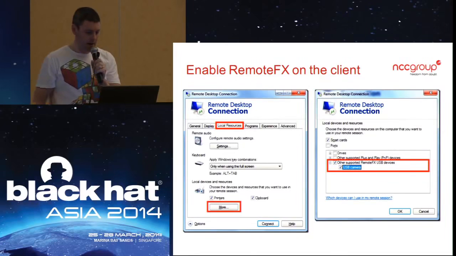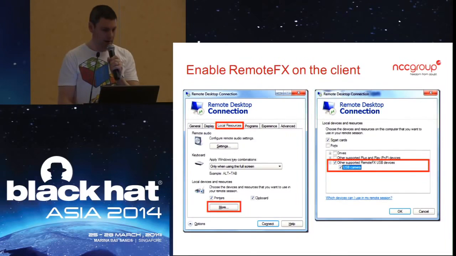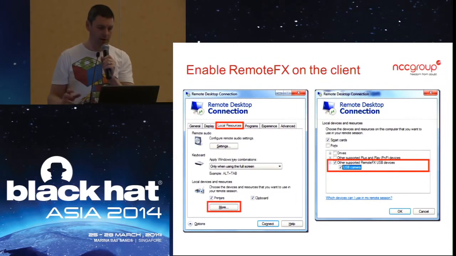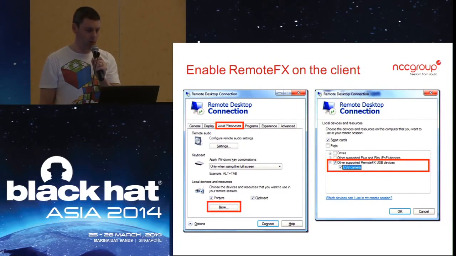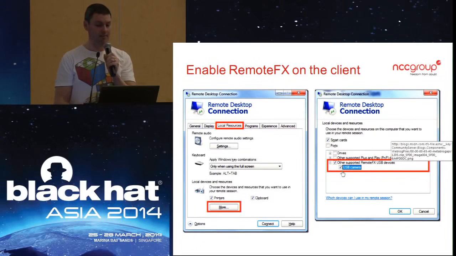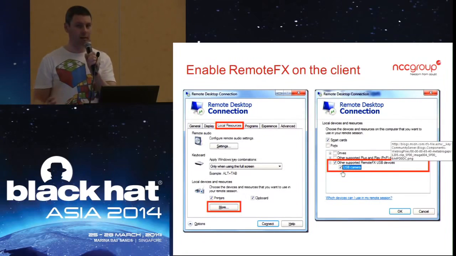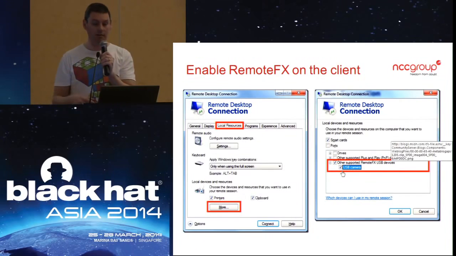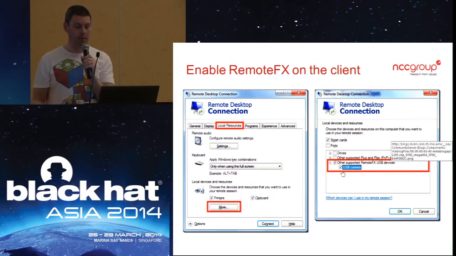So that will then tell your RDP client that you're going to be using RemoteFX when you connect. You have to reboot your client in order for that to take effect. And then when you go to your configuration for your client, within local resources and more, you've got a new checkbox, which is other supported RemoteFX USB devices, and any devices that are currently plugged into your client will show up there, and you can add a tick box and say, I want to remote that device.